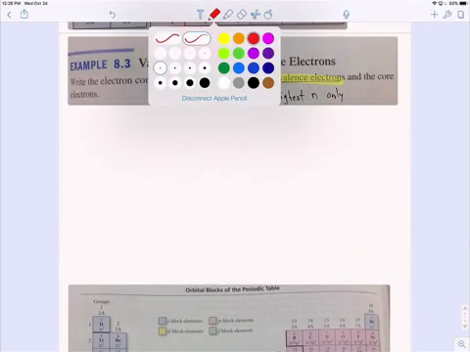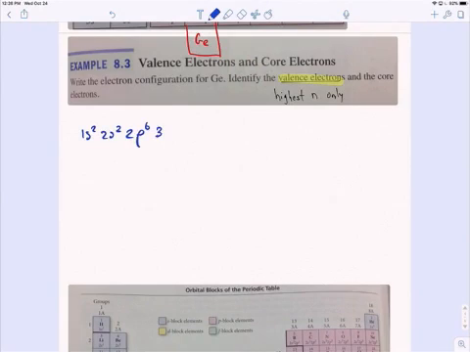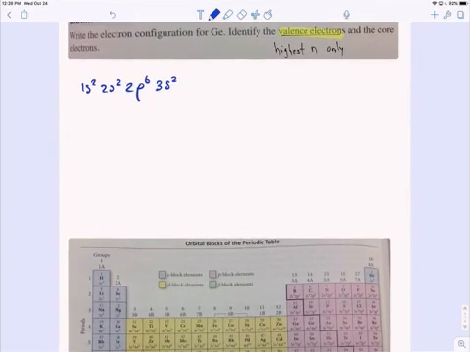To do that, you can start this way: 1s squared, 2s squared, 2p6, 3s squared, 3p6, 4s squared, then we go 3d10, 4p2. And germanium, like I said, is right here.